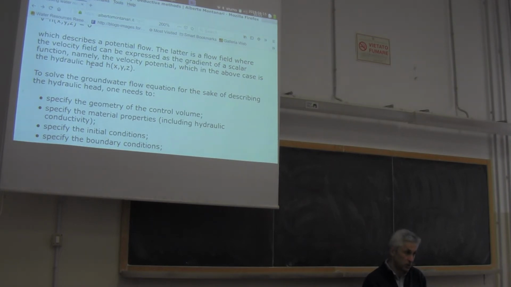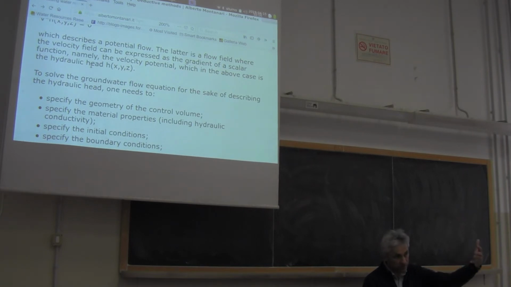You may get portions of the aquifer where you have a high hydraulic conductivity. What does it mean? It means that the flow is relatively fast. Hydraulic conductivity, if you look at Darcy's equation, is what regulates the velocity of the flow.